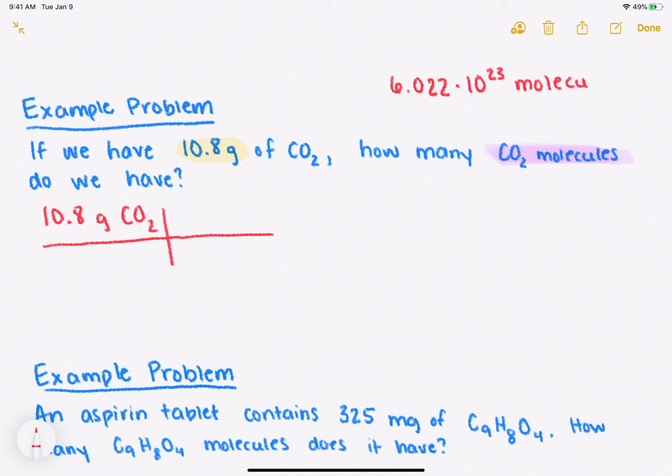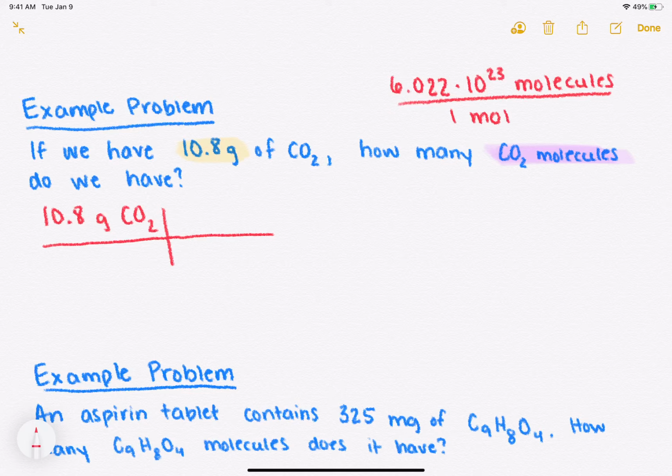So it's that number of molecules per 1 mole. And again, it doesn't matter the identity of the substance. That relationship, the 6.022 times 10 to the 23rd to 1, is always going to be a consistent relationship when using moles and molecules.